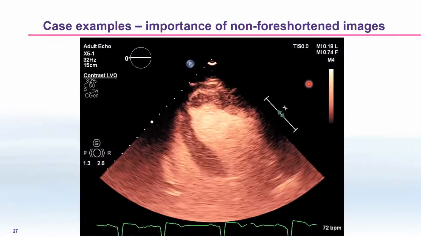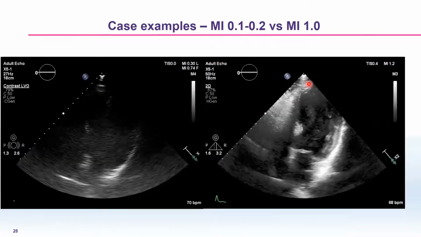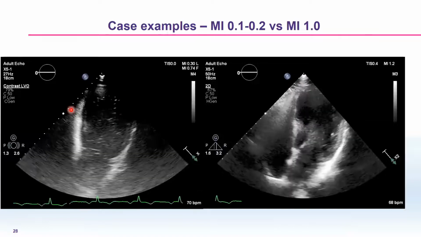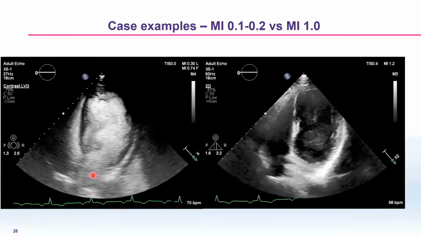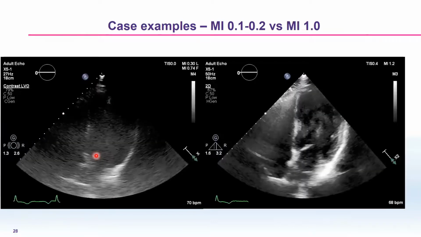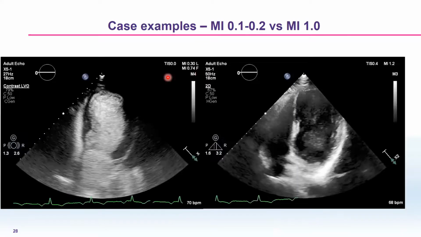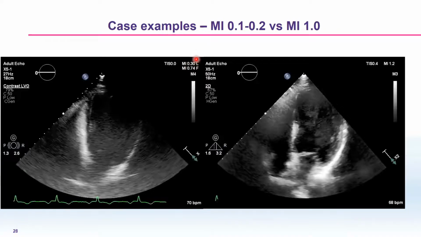When you use contrast, it's important to use the proper presets. On the left, you see how the contrast enters the right cavities and then the left cavities. And this is the proper preset. This was done on EPIC 7, and the MI is 0.3. Usually we use even lower MIs.